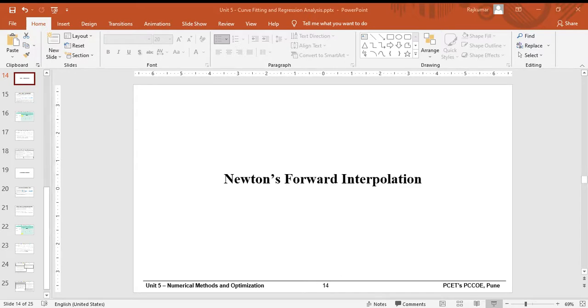Similarly, the number of students who received marks less than 60: 31 plus 42 plus 51, 124. So similarly you can complete the second row, and you will get all the values of y.